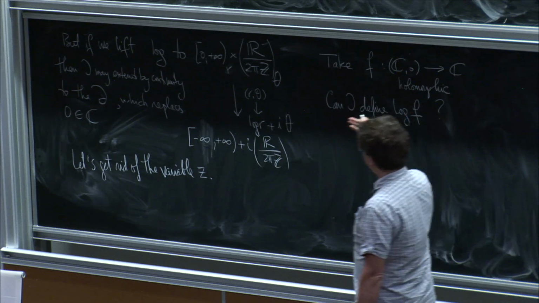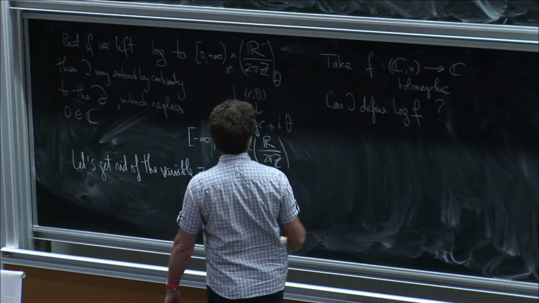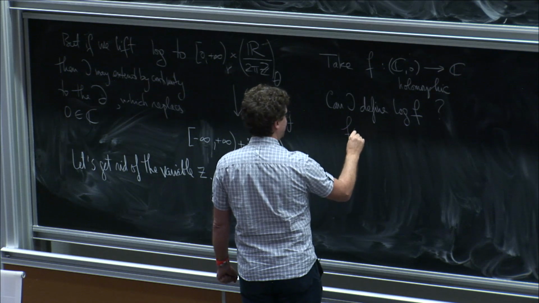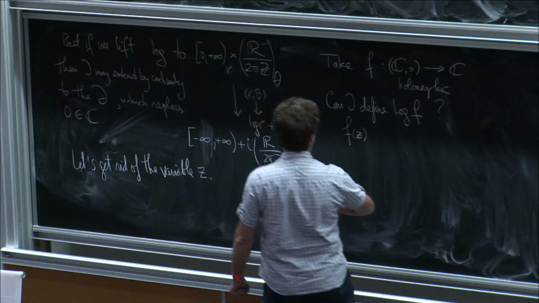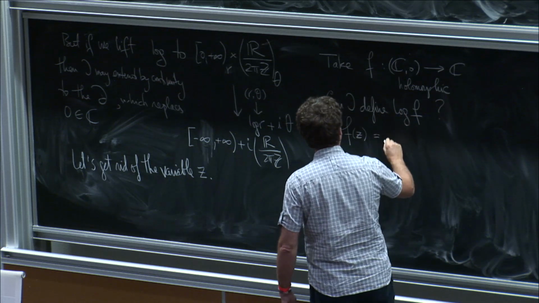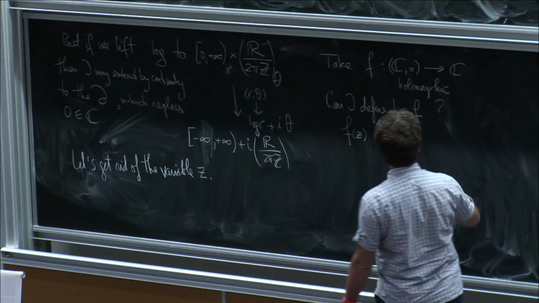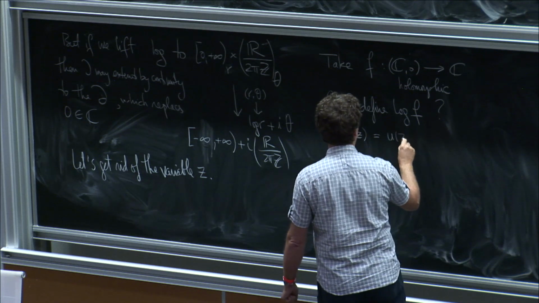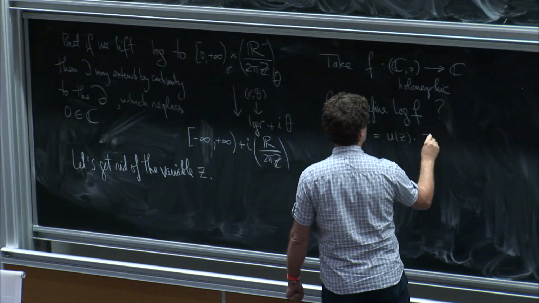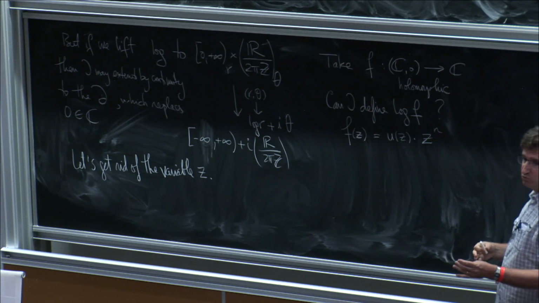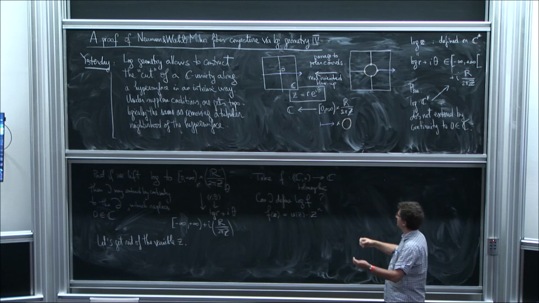Well, let's still make a relation with this preferred variable. If you use it, you know that f of z, now it can be seen as an expression in z, may be written as a unit, something which does not vanish at the origin, times z to the power n. In order to do this, we need to assume that f is not identically 0.